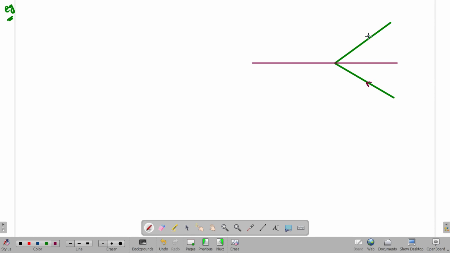The current is going this way. Okay. And this angle is alpha. This angle is also how much?